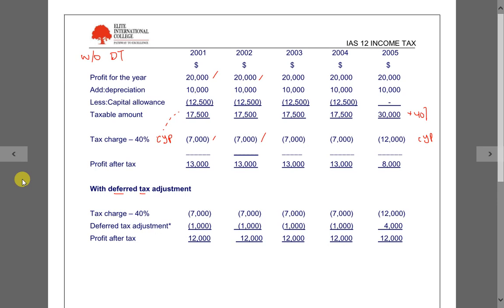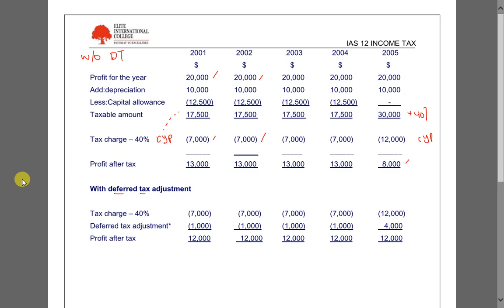So 20 minus 12, my net profit is 8. No deferred tax. Can you see? How is my reported profit? 13, 13, 13, 13, and then suddenly one year it becomes 8. Why? Because this year I have no more capital allowance to claim.